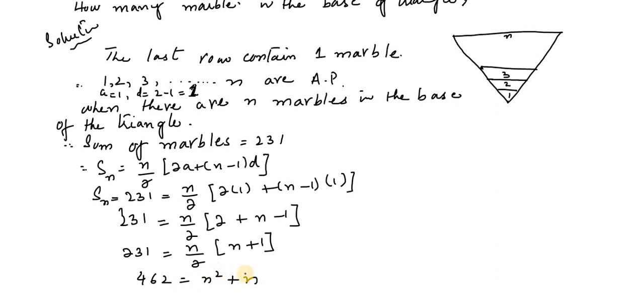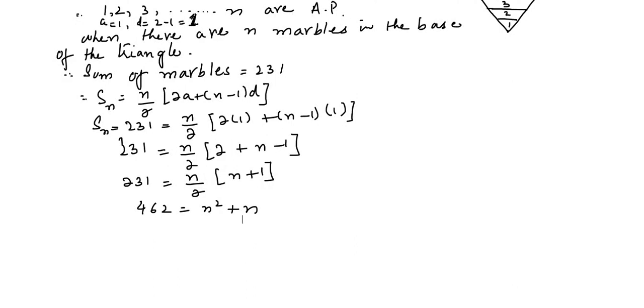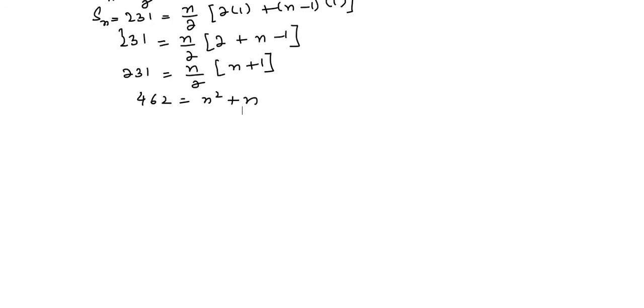Here we get a quadratic equation and we find the value of n by using the quadratic formula. The equation is n square plus n minus 462 is equal to 0.